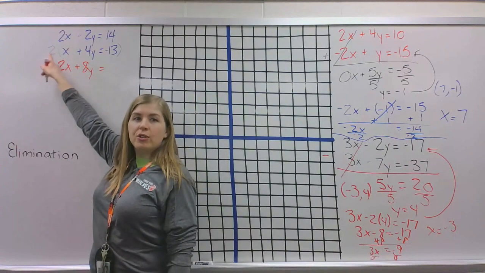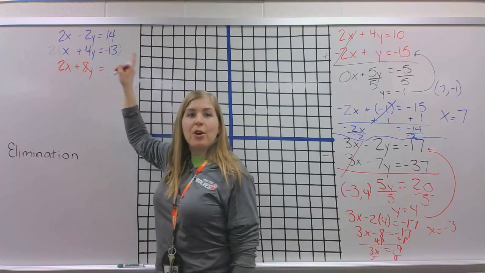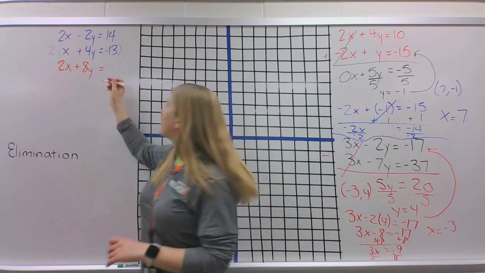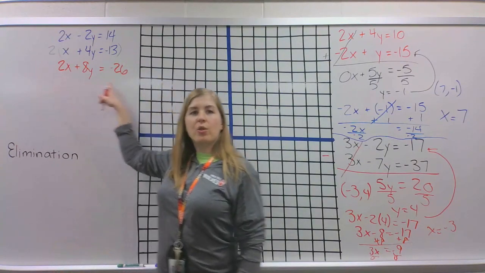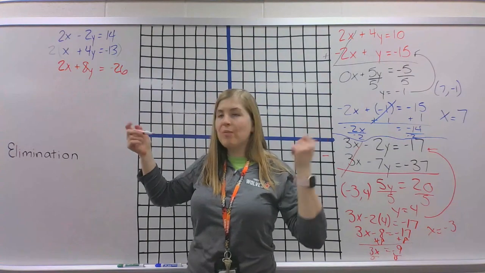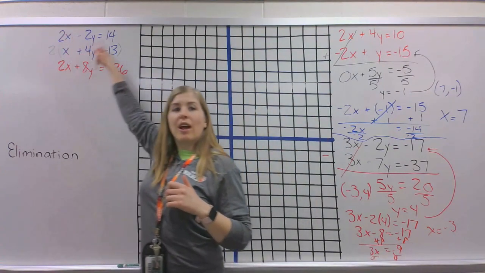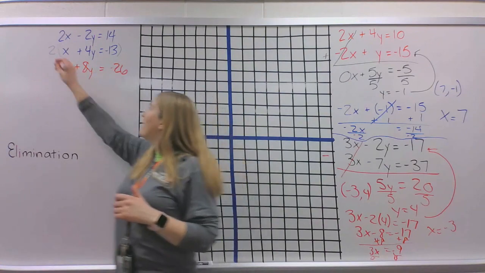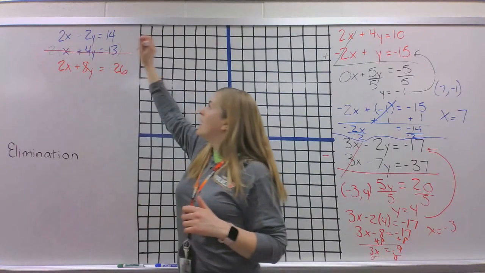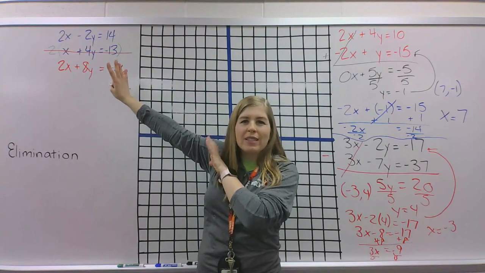And if we multiply 2 times a negative 13, we're going to get a negative 26. Okay, so this is our new equation. It's still proportional because we distributed the 2 to every term. Make sure you do it throughout the whole equation, even on the other side of the equal sign. So I'm going to eliminate that old equation just so I don't confuse myself.